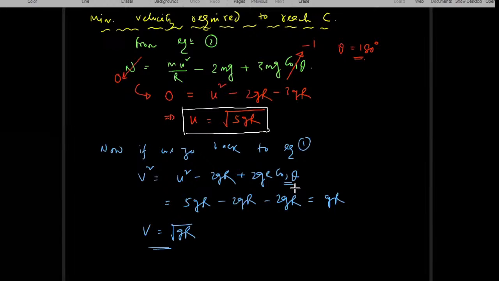Right. So after we get that, what I have to keep in our mind is that for these two values, when u is equal to root under 5gr and v is equal to root under gr only, we will take a note here. What is the note?